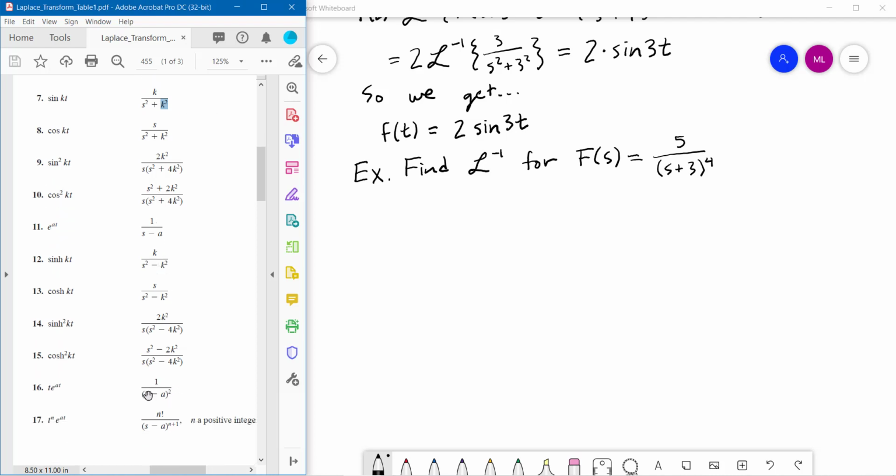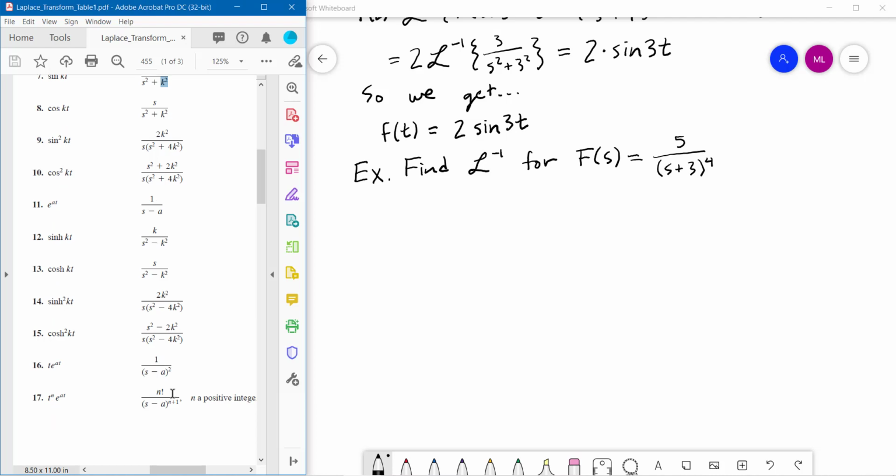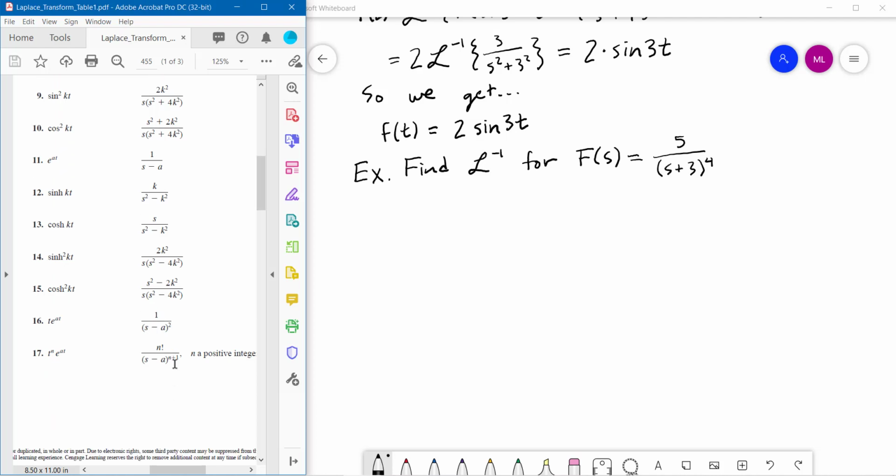Here's one that's similar, but it's only raised to the 2nd power in the denominator, so that won't work. But this one is pretty close. It's s minus a to some power. Here I have s plus 3, but I could treat this as s minus a negative 3 if I wanted to, and I could get this form.